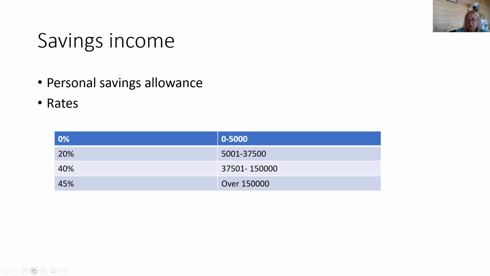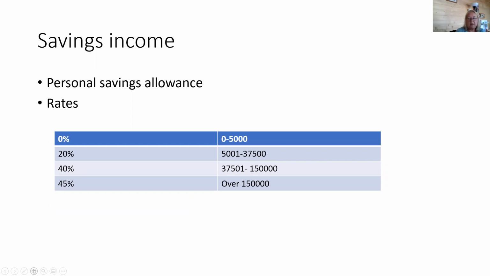So if you've taxed all your non-savings, non-dividend income, the next thing you've got to look at is, does your individual have any interest money that they've received on their savings? And if so, then we've got to tax that next. And that's because everything comes in order.